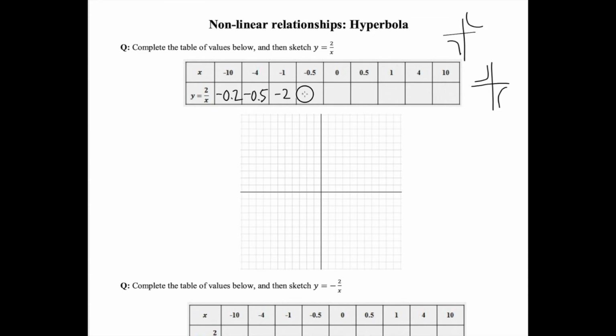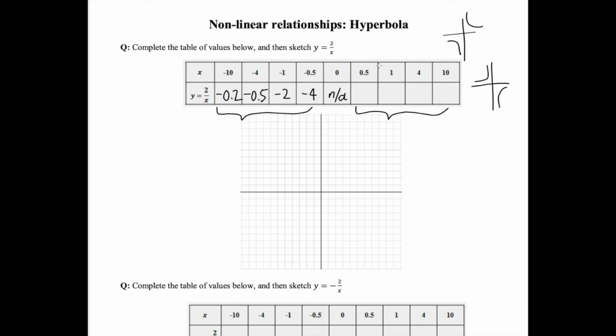This should be minus 4. Now, once you get to the value of 0, you realize something interesting has happened. It's interesting because you cannot divide by 0. When you try to substitute x as 0, it's not going to work. So it's undefined. And now once you start substituting these values in, you realize that the only difference between the values here and the values here is that these are positive numbers and these are negative numbers.